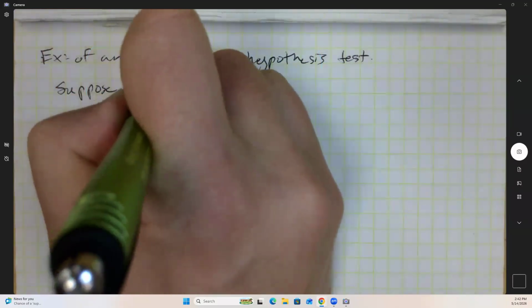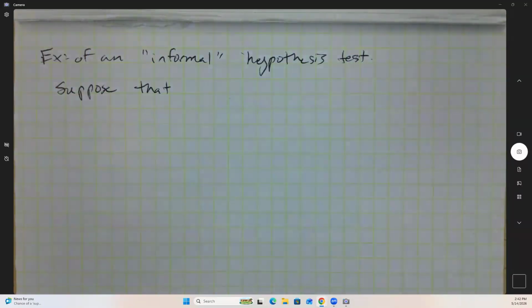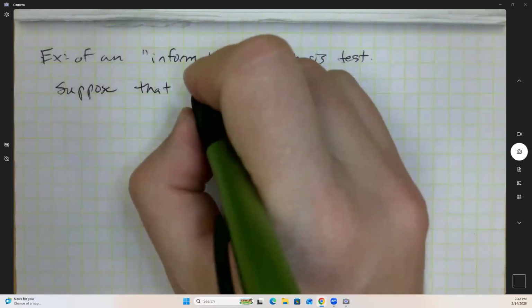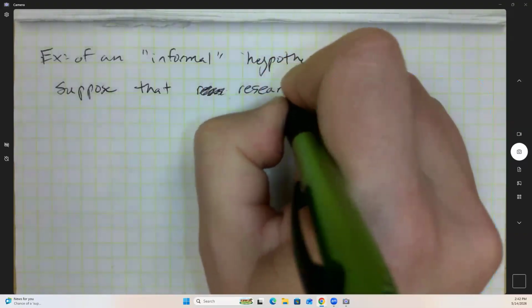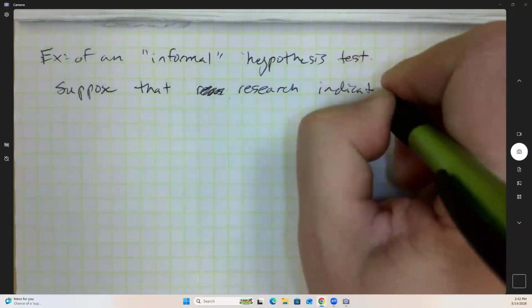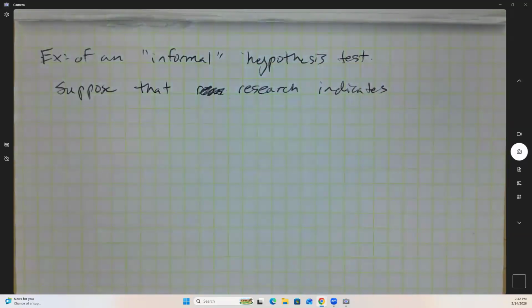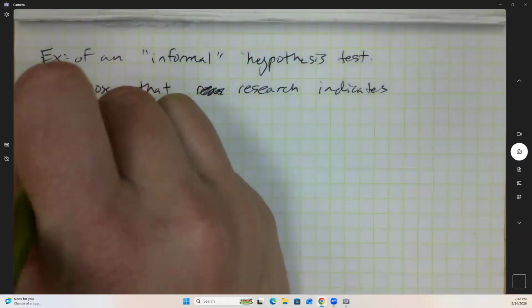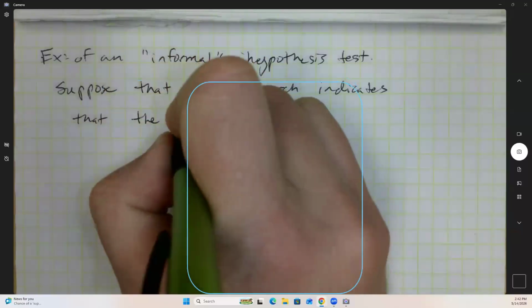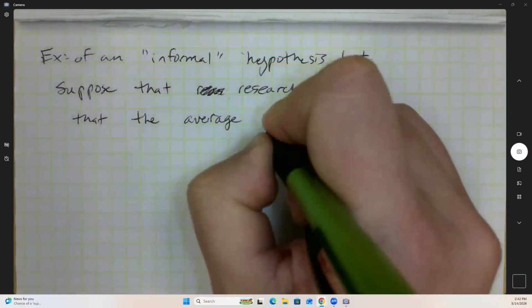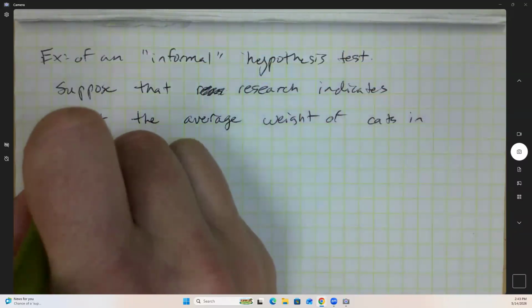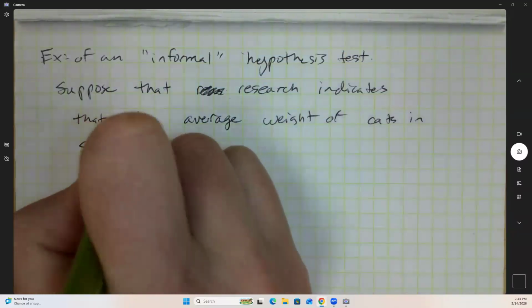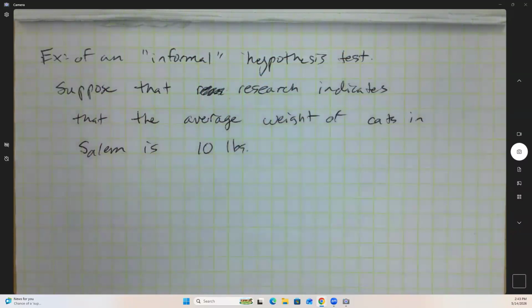Suppose that research indicates, this is a phrase I like to use, doesn't mean that it's high quality research, doesn't mean that it's extensive, doesn't mean that it's academic or rigorous, but suppose that research indicates that the average weight of cats in Salem is 10 pounds.